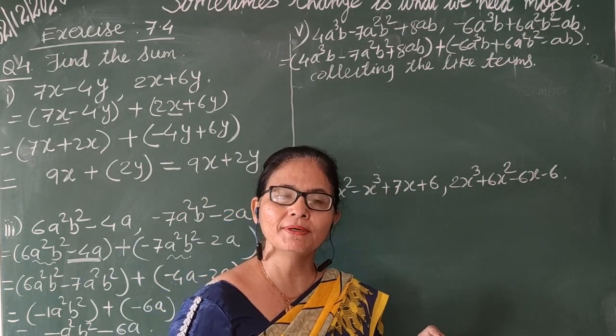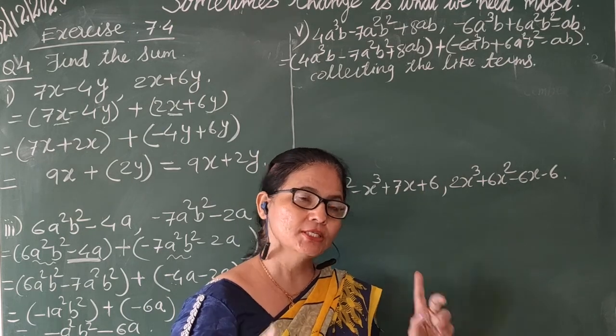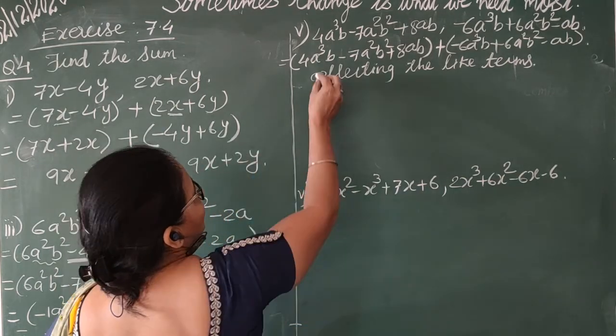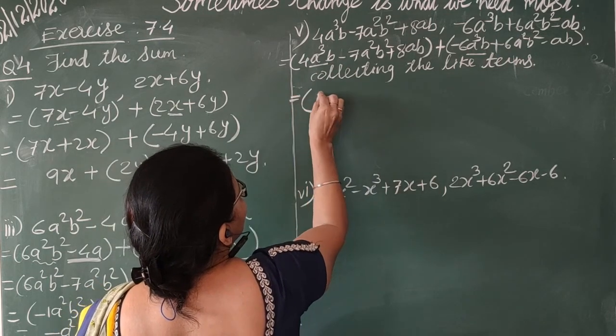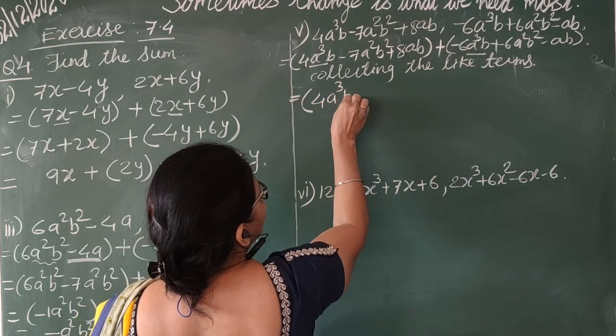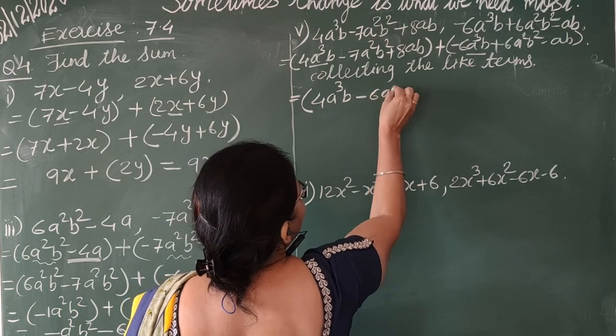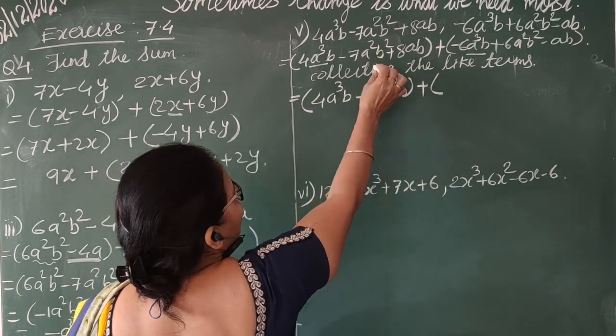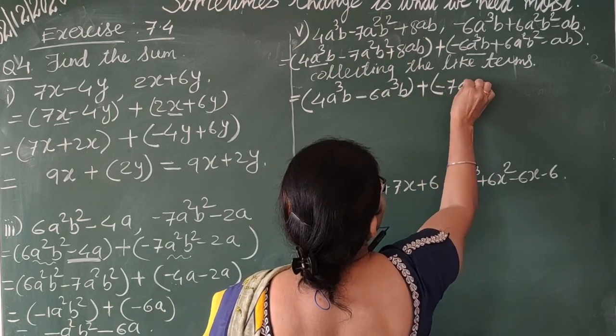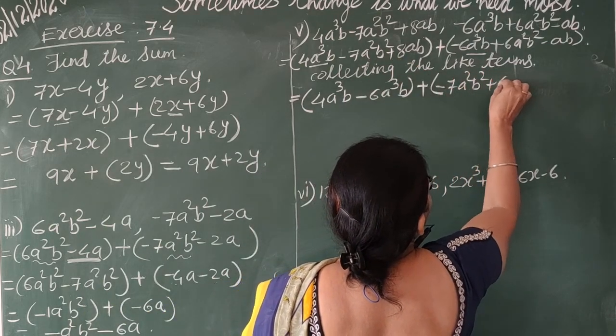When the variable and its power is same. Okay, so here a cube b, this is one group of like terms. So writing one bracket with the same sign and again take here plus. Now here a square b square plus this.